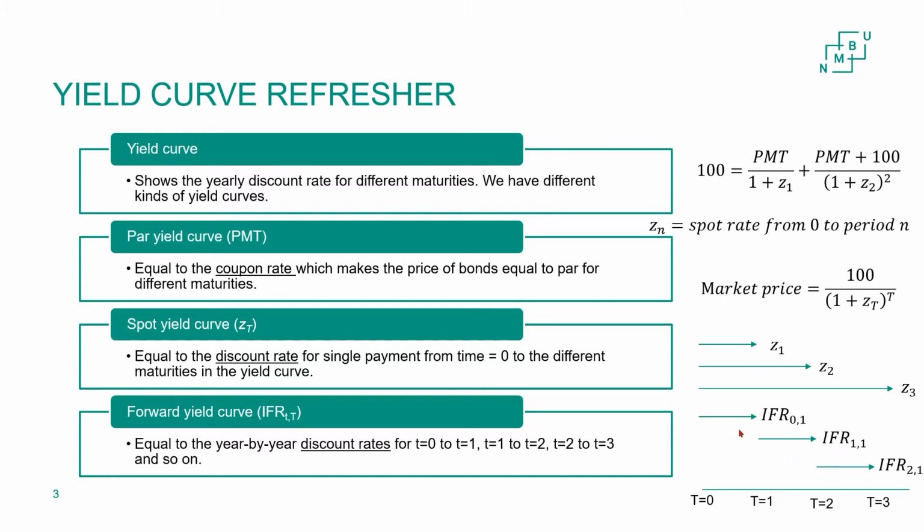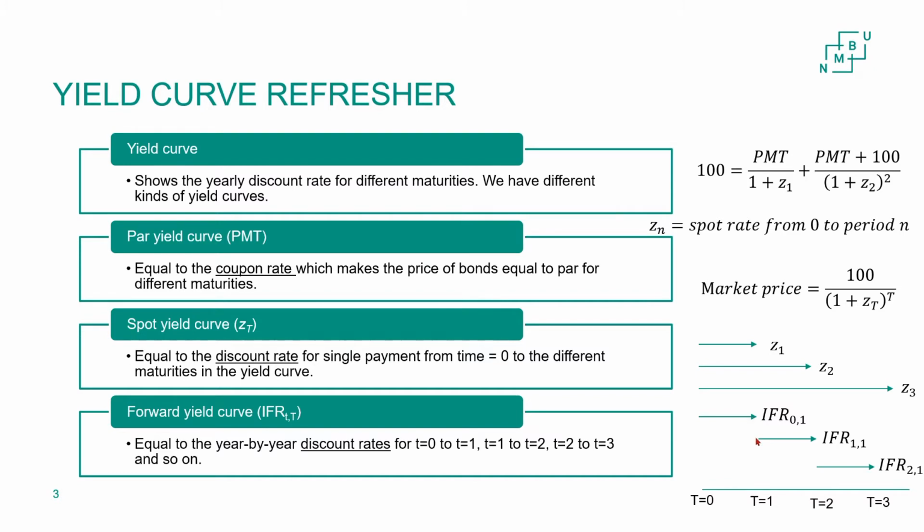So the year 0 into 1 year implied future rate is really just the same discount rate you use for the 1 year spot rate. Okay, you see that they are covering the same time frame.